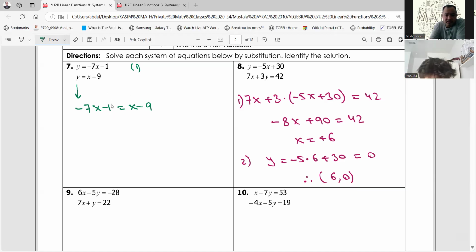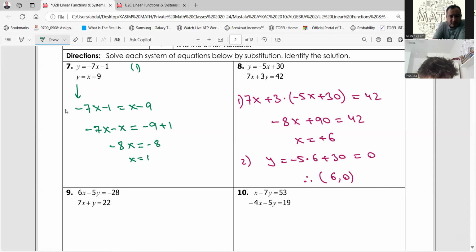Move unknowns to the left, numbers to the right. So here we have negative 7x minus x equals negative 9 plus 1. Negative 7 minus 1 is negative 8. Negative 8x equals negative 8. So x is equal to 1.